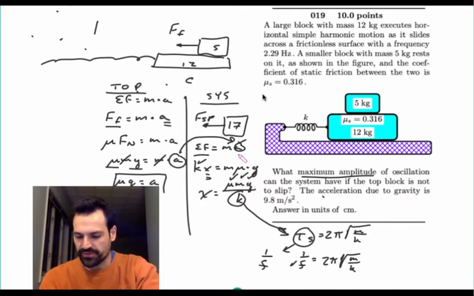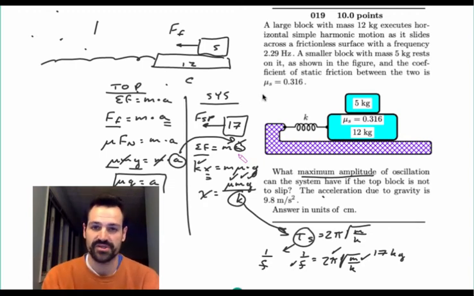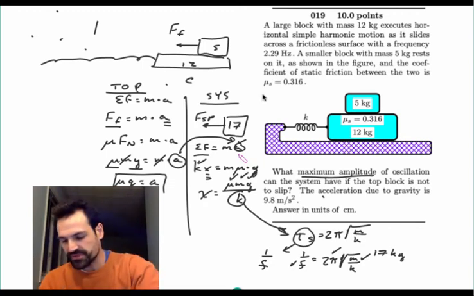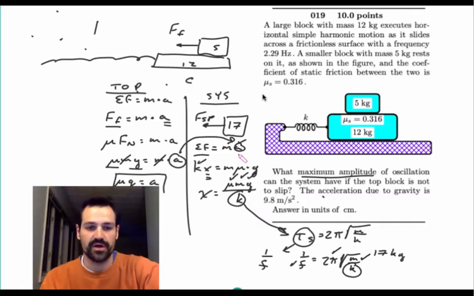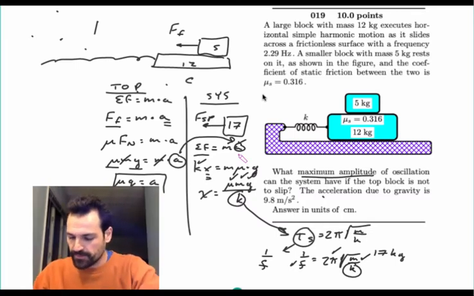And then you plug in frequency, you plug in 3.14, and you plug in the mass. In this case, it's the full 17 kilograms because that's the full mass being oscillated on this period. And you can use that to isolate a k value of 3,515 newtons per meter.